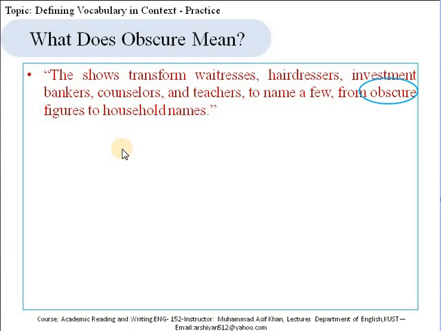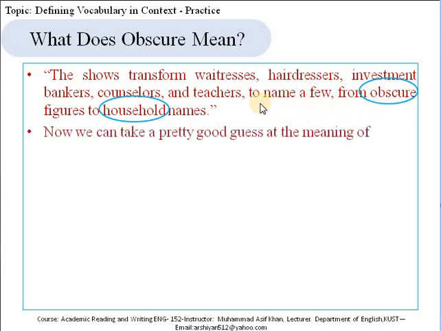Since the shows transform waitresses, hairdressers, investment bankers, counselors and teachers from one position, that is obscure figures, to another position, that is household names, that immediately tells us that an obscure figure and household names are two different things.